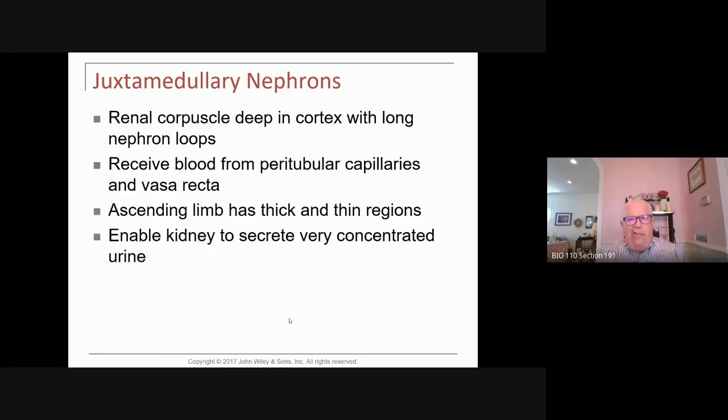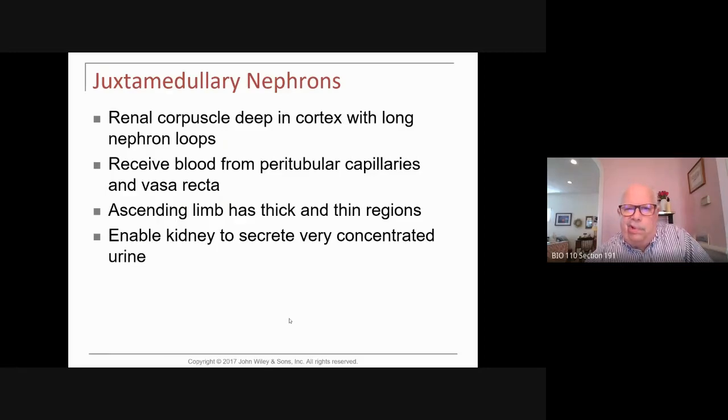15% of the other nephrons are called juxtamedullary nephrons. These nephrons are involved in your blood pressure. Inside these juxtaglomerular nephrons are juxtaglomerular cells.